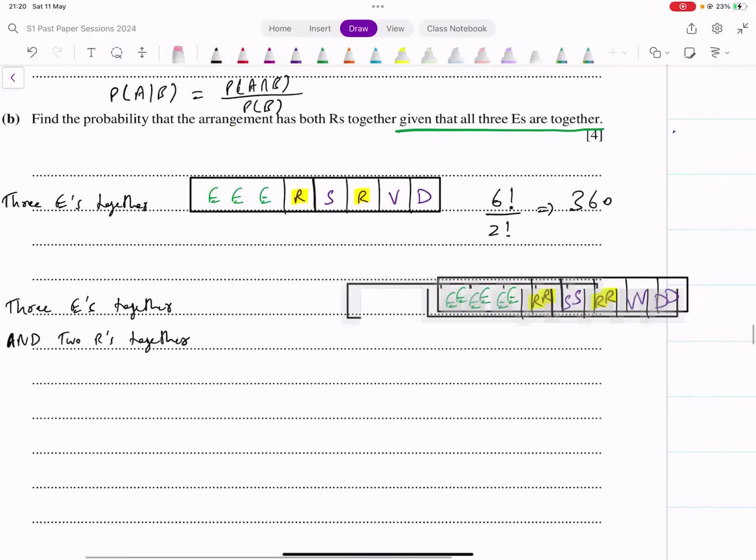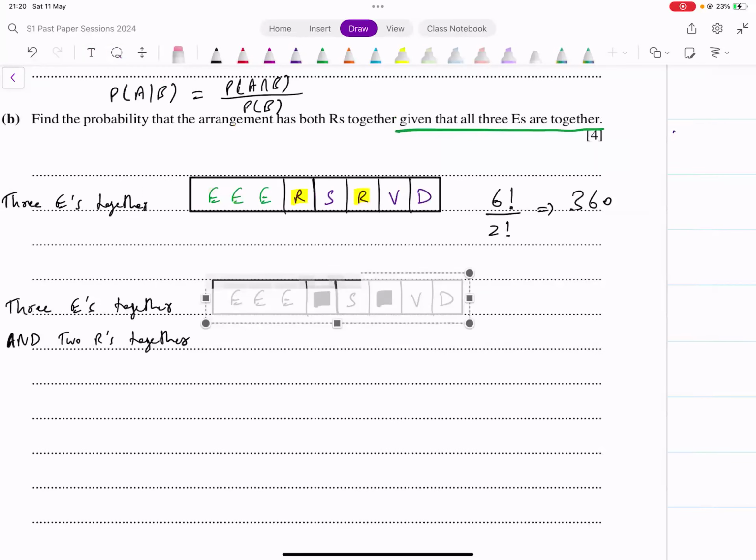We merged 3 of them and put 3 E's in them. And then what we can also do is merge 2 other boxes to put the 2 R's in them. And then we have 3 boxes left outside. And they would have the letters S, V, and D.